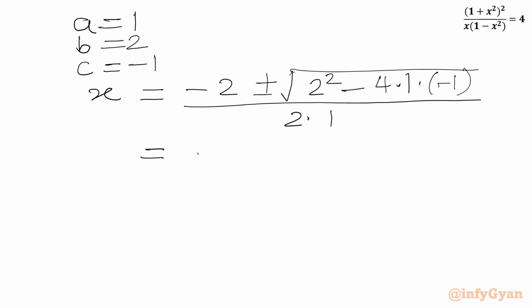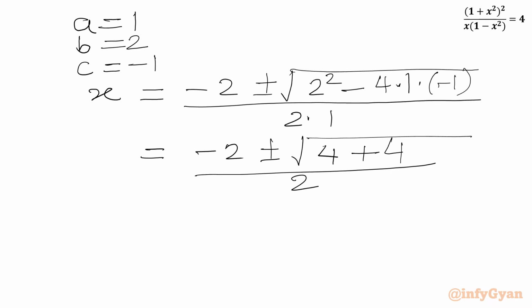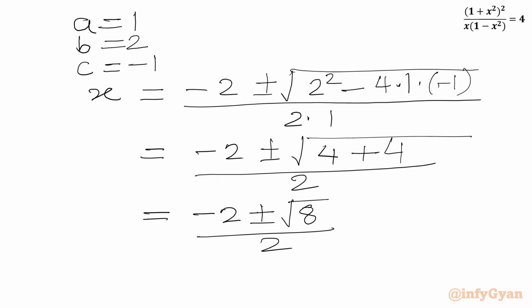This will come out minus 2 plus minus square root of 4 plus 4 over 2 times 1 is 2, or I can write minus 2 plus minus square root 8 over 2. Now we know that square root 8 is 2 root 2.